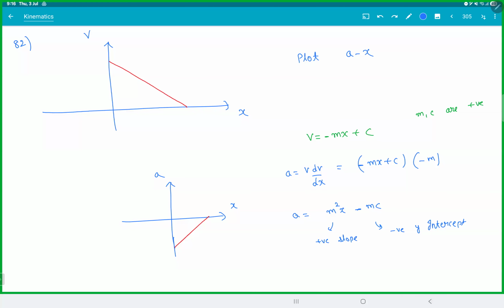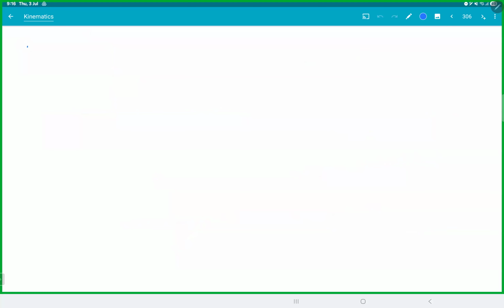Let's see one more. Let me ask you like this. So you can get non-standard graphs. Let's say this is a v t square graph. Let's say this is a v x graph.